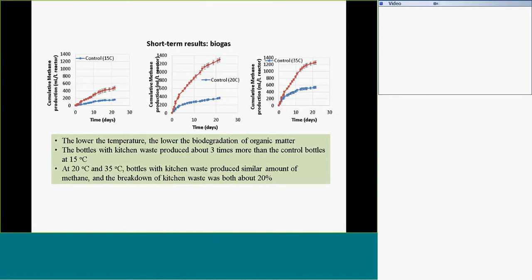The red lines indicate the biogas production from like 30% of COD concentration of the combined substrate. And the blue line indicates the biogas methane production from the 70% of the organic matter from sewage solids.